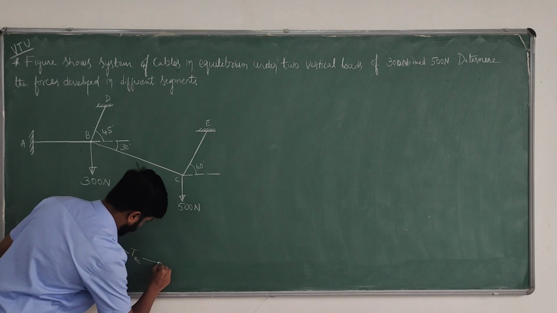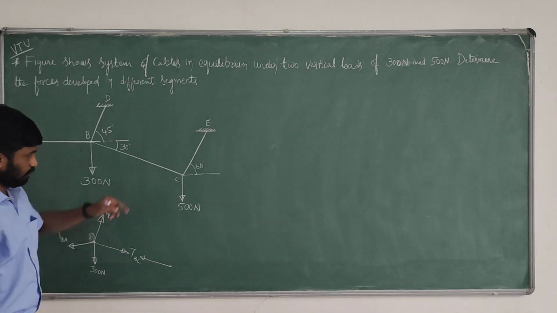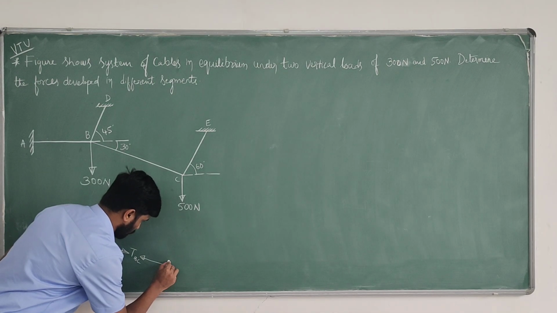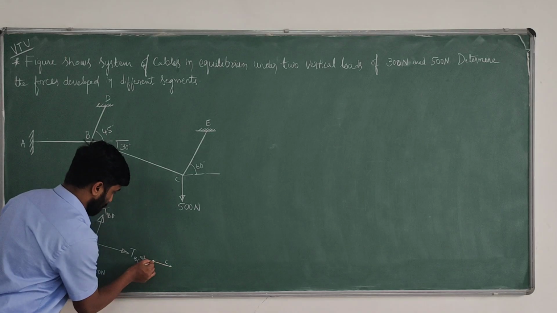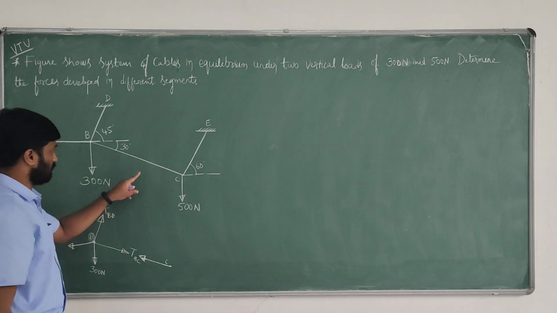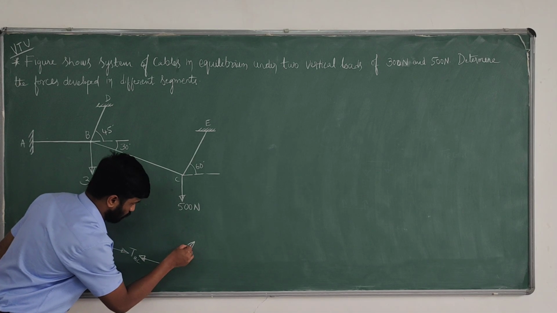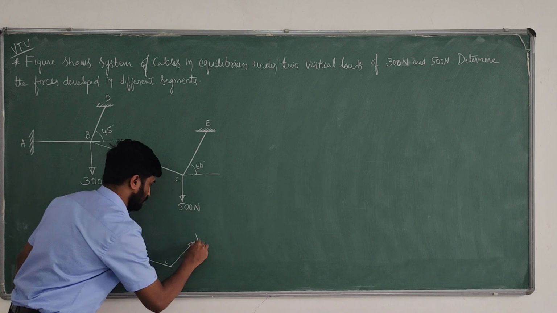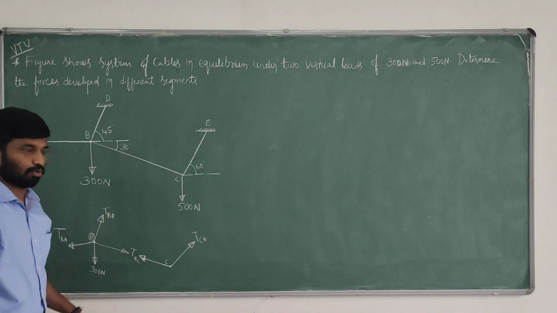Here we have one more joint. TBC equals TCB, and with respect to joint C it is also acting away, tensile. We have one more member, TCE, which equals TEC, both are same.